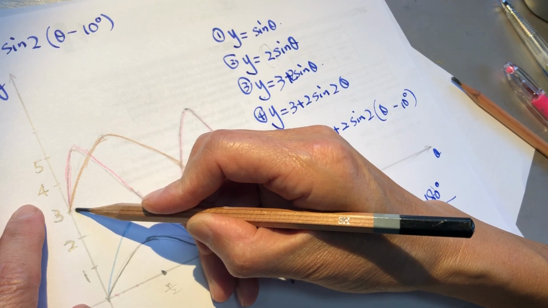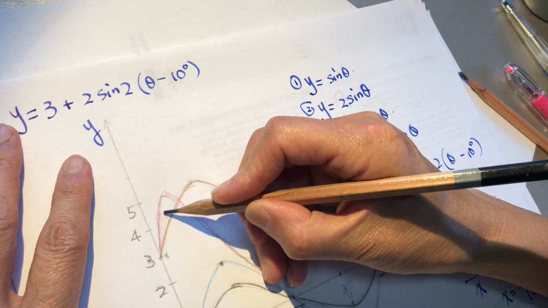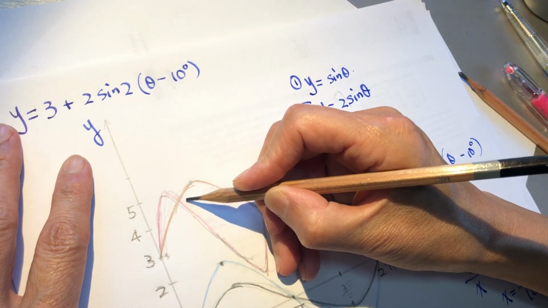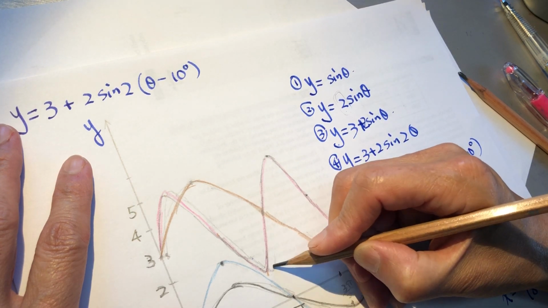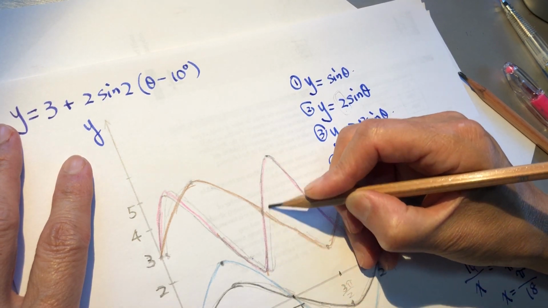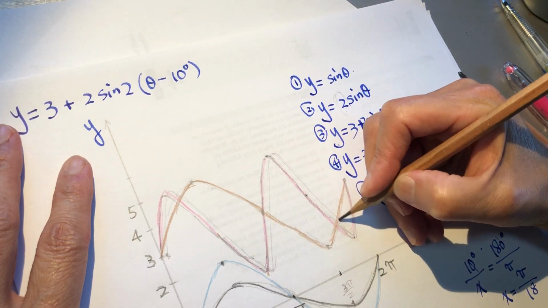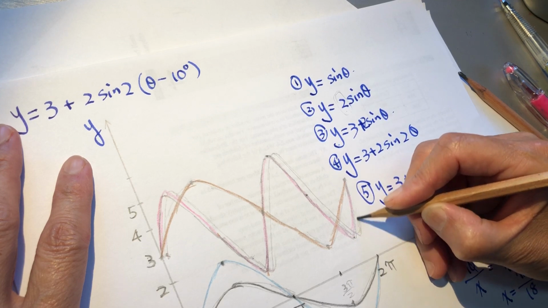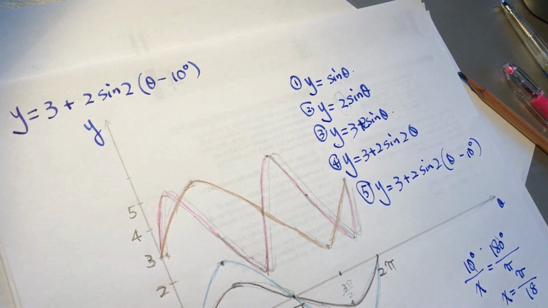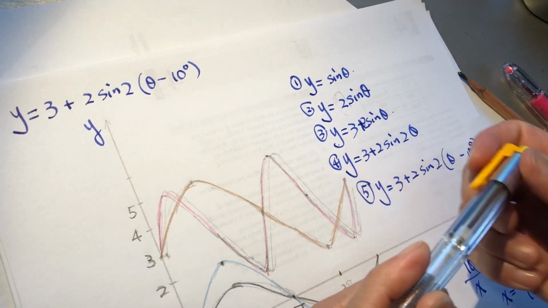Come here, 2 degrees, exactly the same thing, 10 degrees. The shape and everything is still the same. It delays 10 degrees.